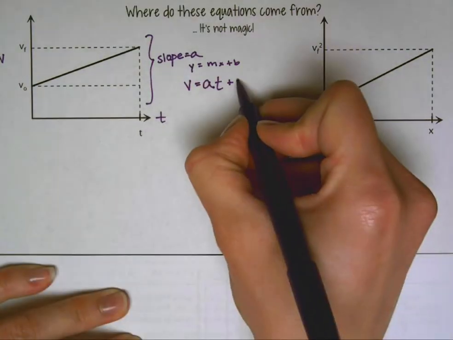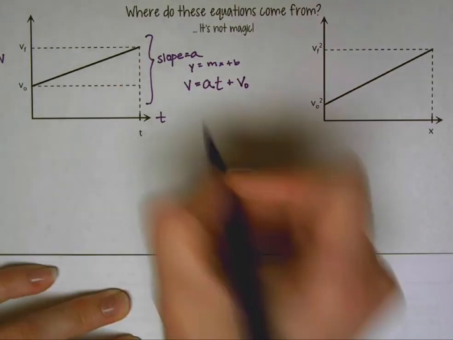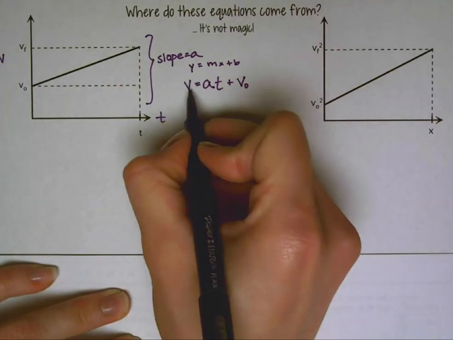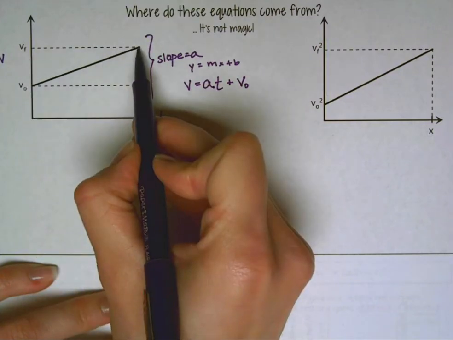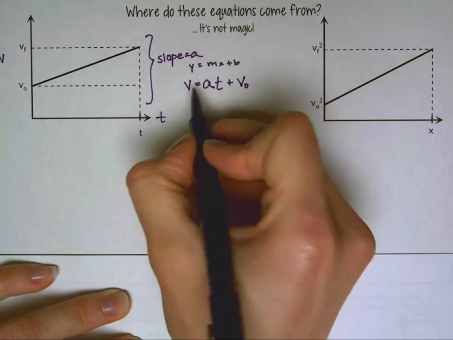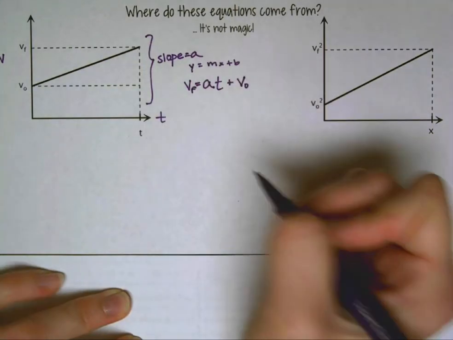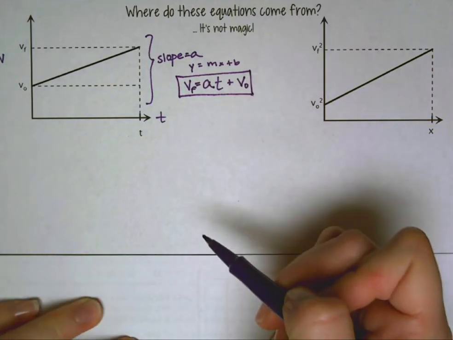We use the symbol v naught to represent that, a little 0 below the v. Additionally, this velocity is the velocity at any specific time that you choose to end, so that final velocity is usually how we denote it. So this is one equation that we get from our graph.